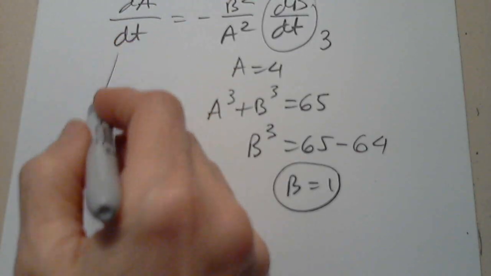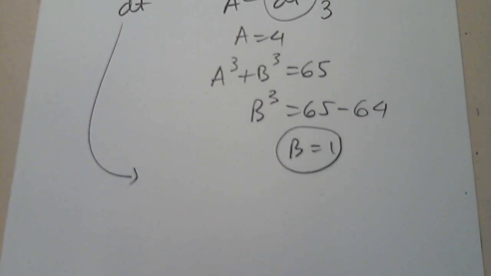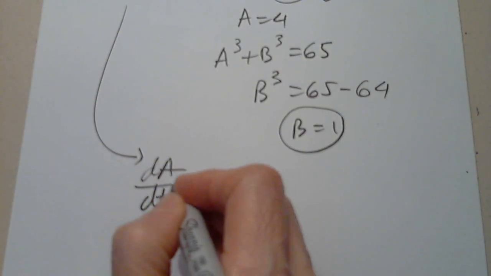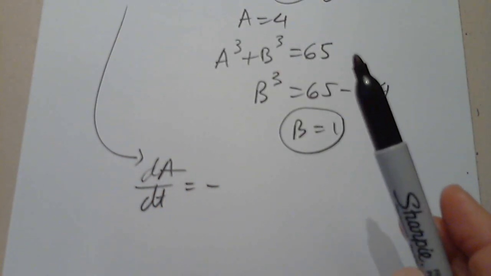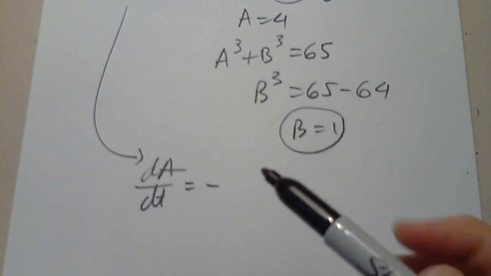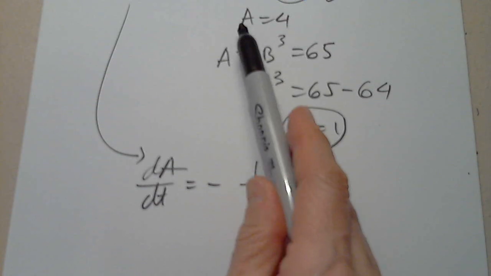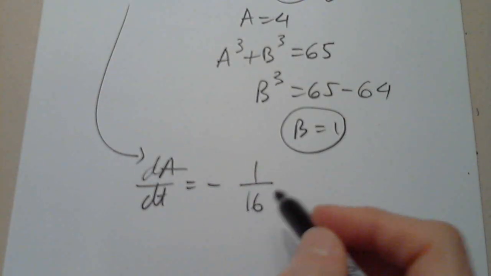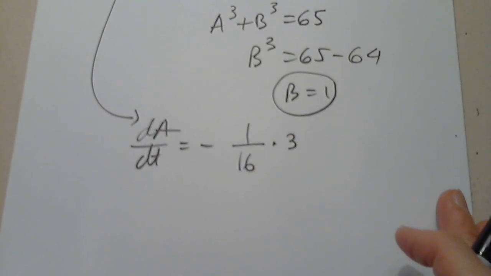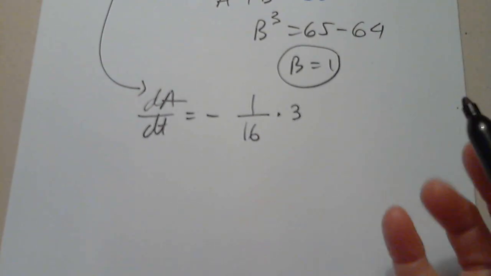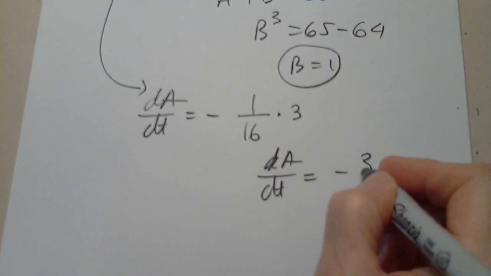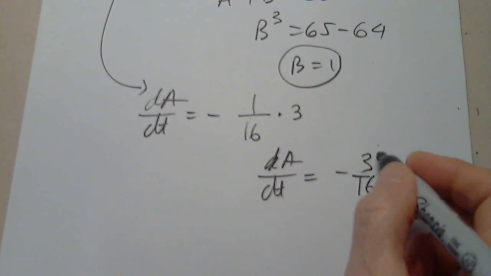So now I'm ready to give the final answer: dA over dt equals negative 1 over a squared, which is 16, multiplied by 3, since dB over dt is 3. So dA over dt equals negative 3 over 16.